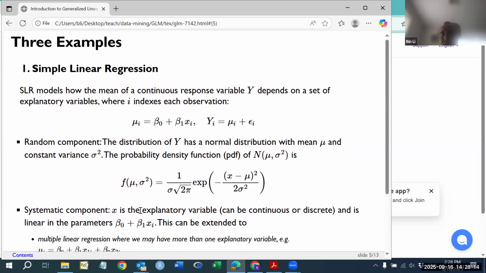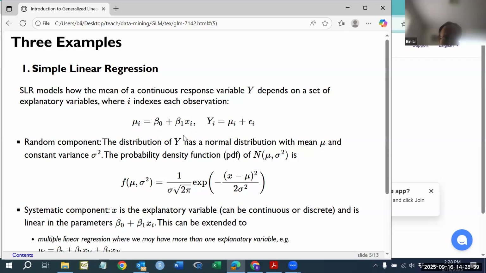Now let's see the examples. The first example is simple linear regression, which you should be very familiar with. This assumes the expected value of y, which is called mu_i, is a linear function of x.